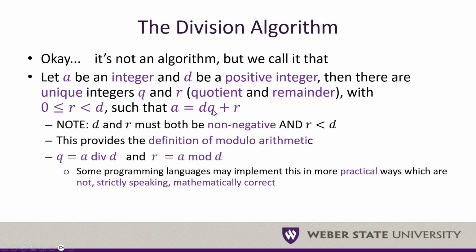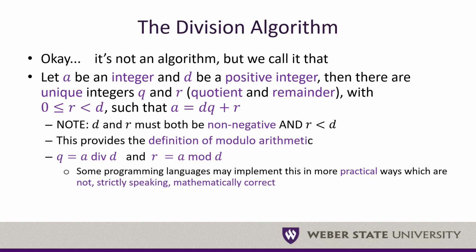A is negative 43, D is 11, and R must be positive. So Q should be, how do I get a positive remainder? How can I get an R that is positive here? I can't do negative 3.